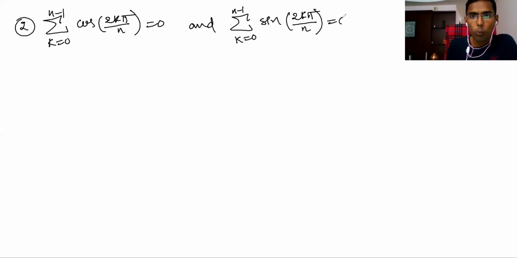Understand, this is also 0. I am writing this as 4. Cos 2kπ/n is 0, and sin 2kπ/n is also 0.